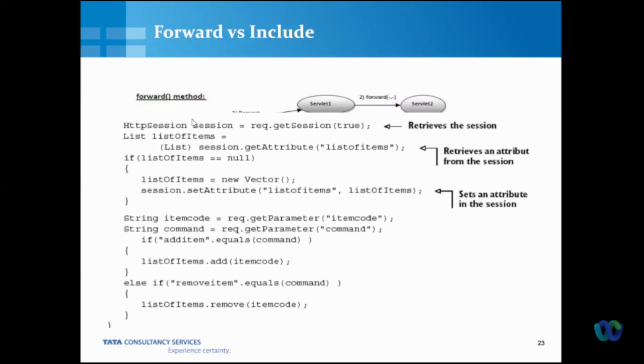And here you can see the response of servlet 2 is included in the servlet 1 response, and then the final response is generated and at the end is sent back to the client. So what is the major difference at the forward method?